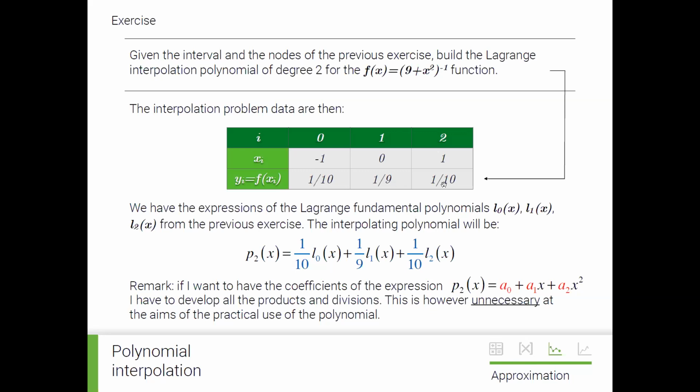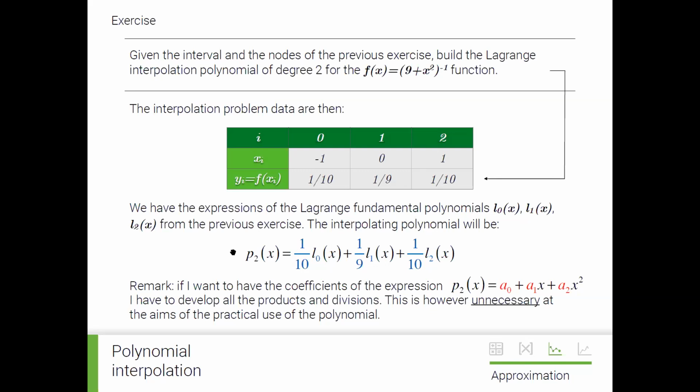And we have the expressions of the Lagrange fundamental polynomials L0, L1, and L2 from the previous exercise. The interpolating polynomial here will be P2 of x, because i changes from 0 till 2. It will be the sum of all these terms with L0, L1, and L2.